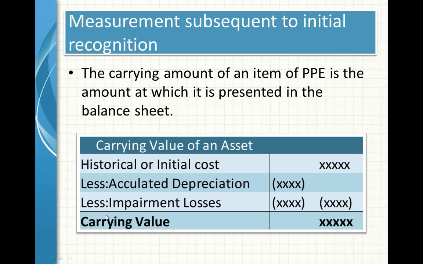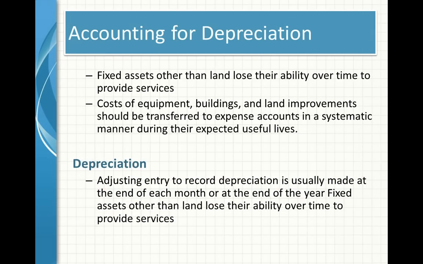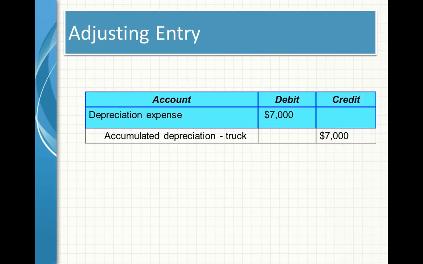For impairment also, the entry would be impairment loss debit, accumulated depreciation credit. So depreciation account debit, accumulated depreciation account credit.